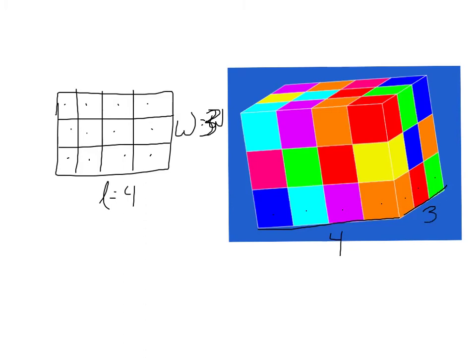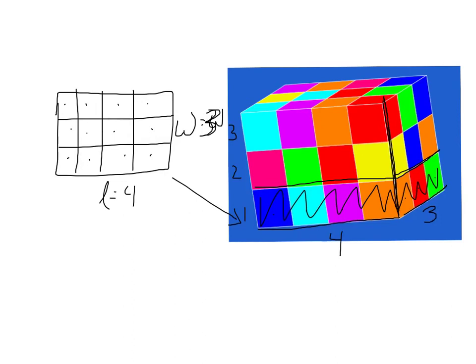And so if I was just looking at this bottom layer, now you know you can't see all of the cubes, but knowing that there's 4 rows and 3 in each row, my base is going to be the same as what my area is of the rectangle. But here I've got 3 layers. I've got 1 layer, 2 layers, 3 layers. That's what we call our height. So our height is 3, showing that we've got 3 layers.